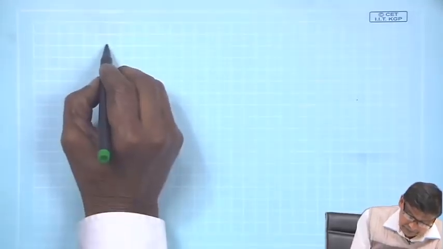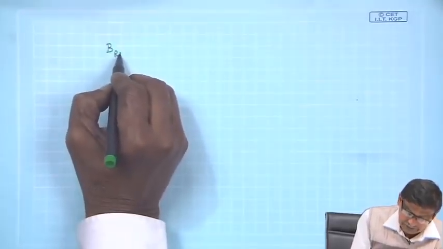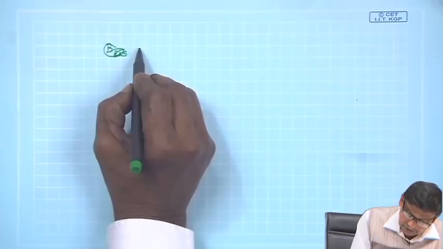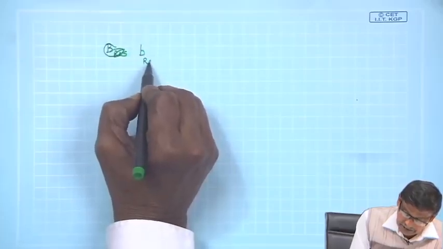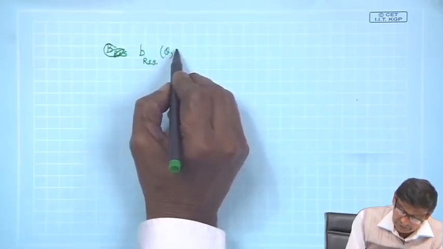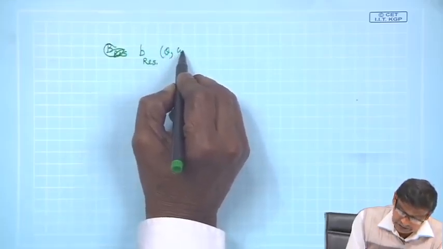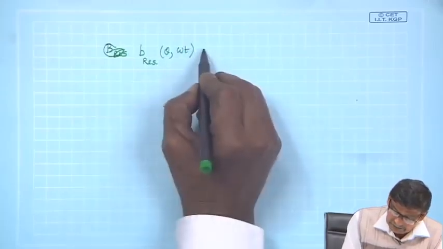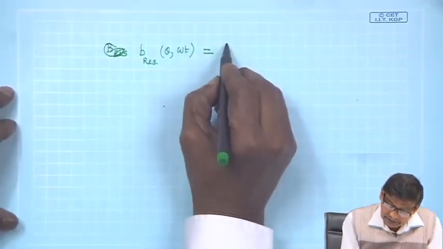So, B resultant, this is one of the most important results. B resultant, which will be a function of both theta and omega t, becomes this.